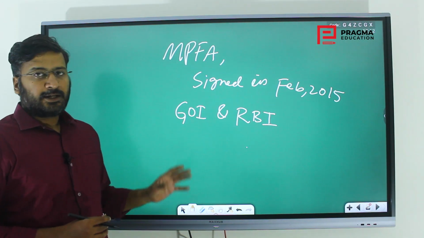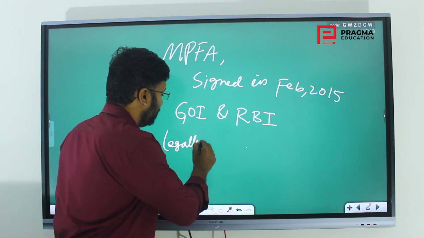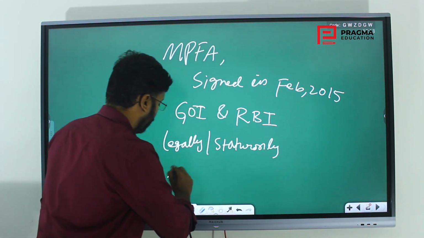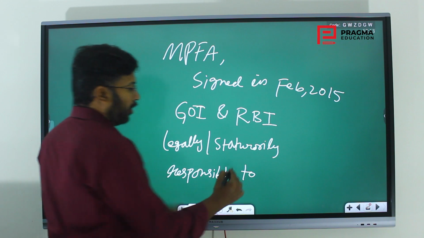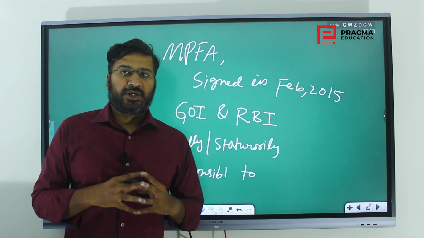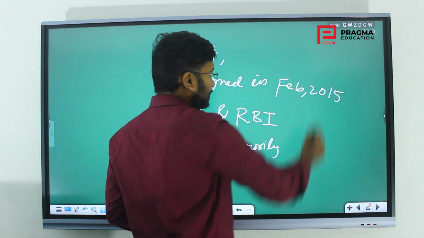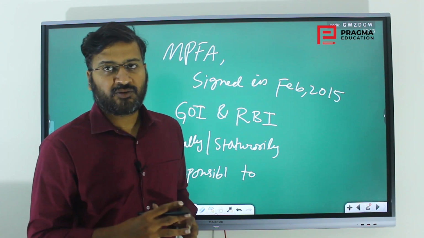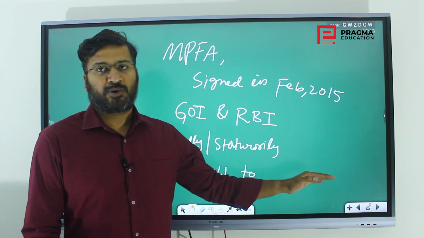It is written that the RBI is now statutorily, or legally, responsible to do what? To meet the objective of price stabilization in the economy. It is nothing but controlling inflation only, but the objective is cited as price stabilization. That is the key objective of the monetary policy, and the RBI is legally or statutorily responsible.